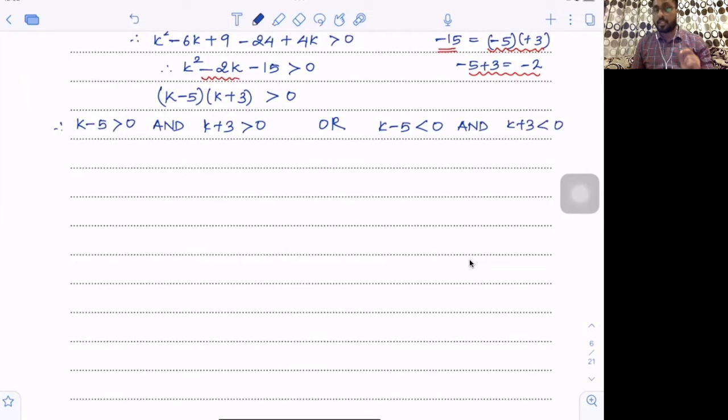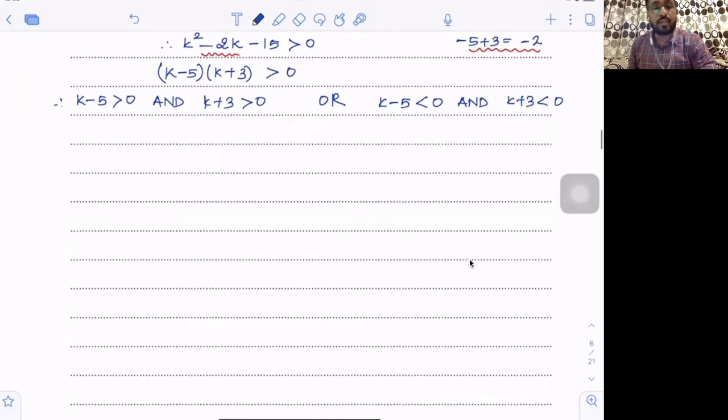You need to really understand this well. The product of the two terms can be greater than 0 if both the terms are greater than 0 or both the terms are less than 0. A negative number multiplied with a negative number gives a positive answer, right? A positive number multiplied with a positive number will definitely give us a positive answer.